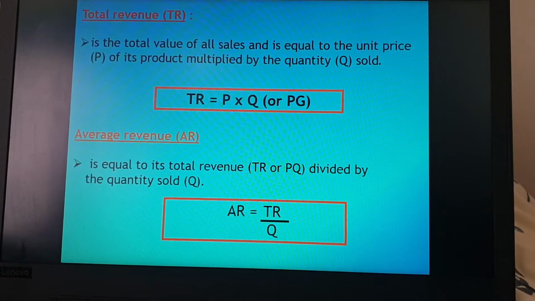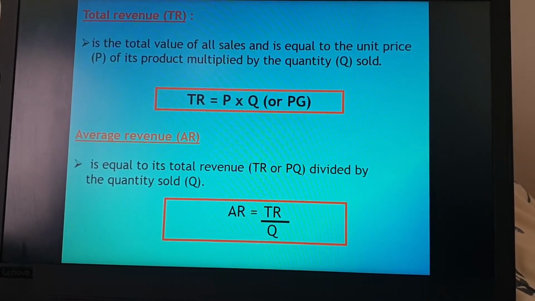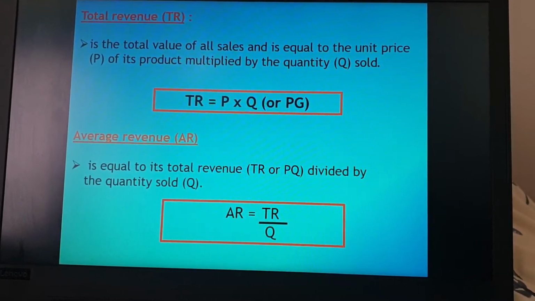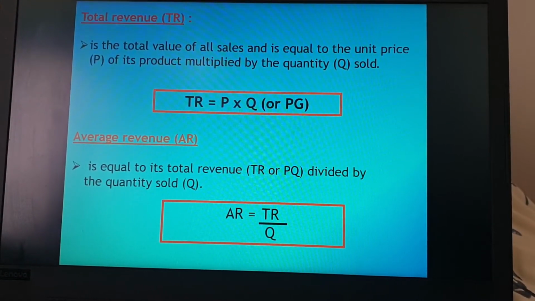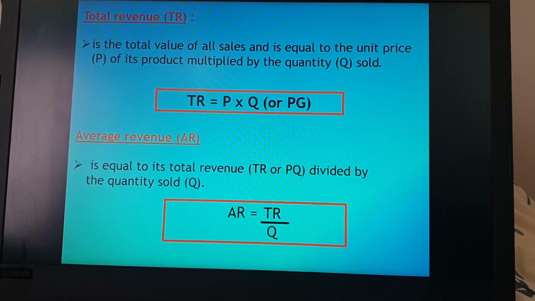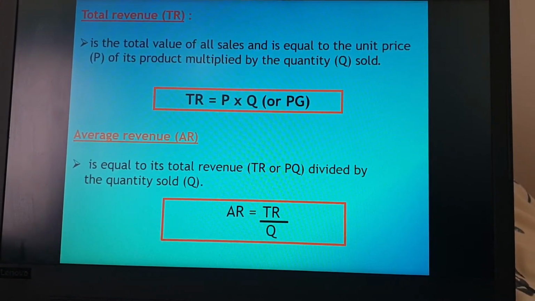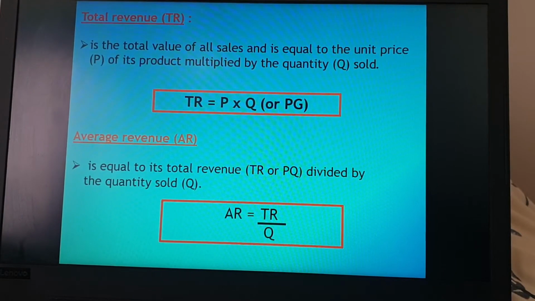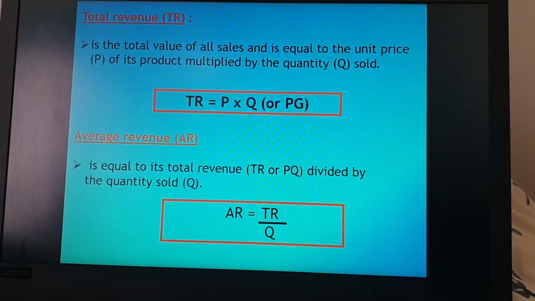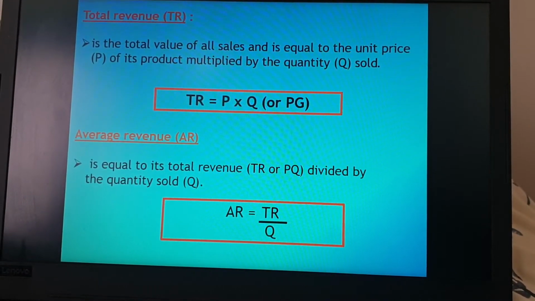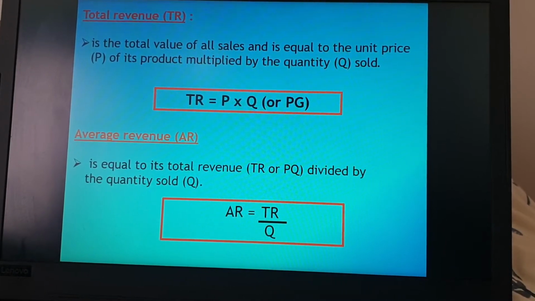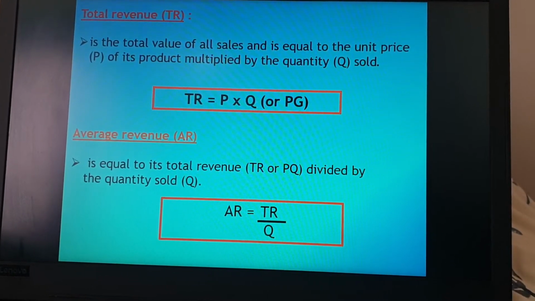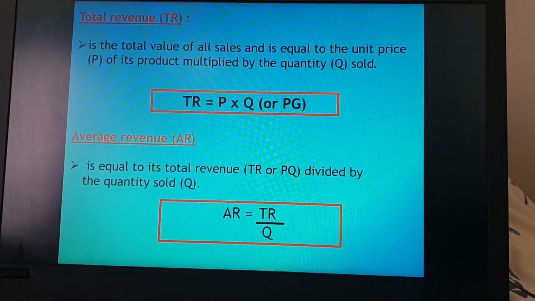So, just the formula again: TR, total revenue, equals P times Q. P means price and Q means quantity. Then average revenue, AR, is equal to total revenue, TR or PQ, divided by the quantity sold. So AR equals total revenue divided by the quantity sold, or the quantity of output.